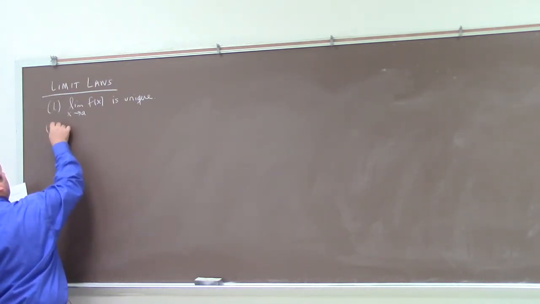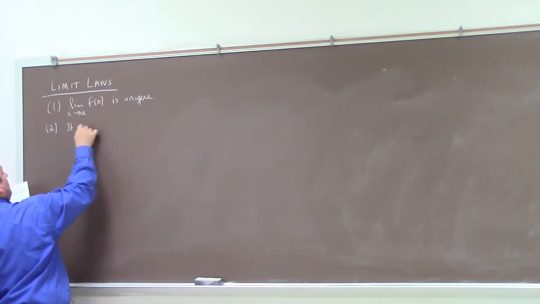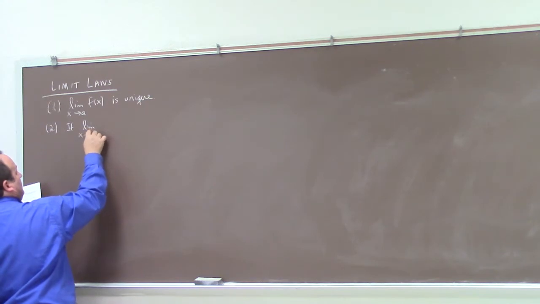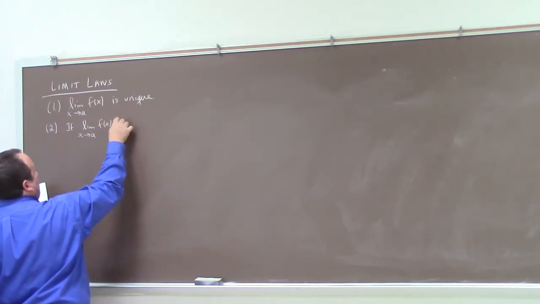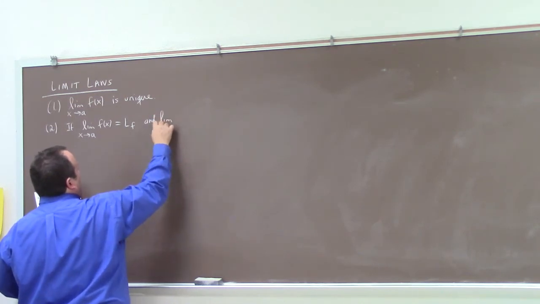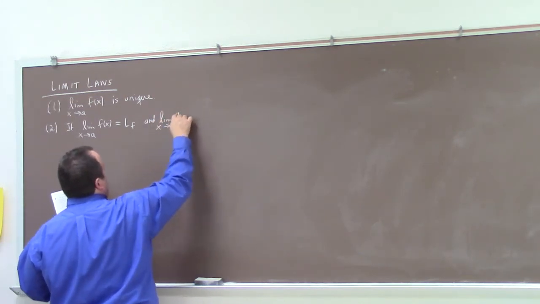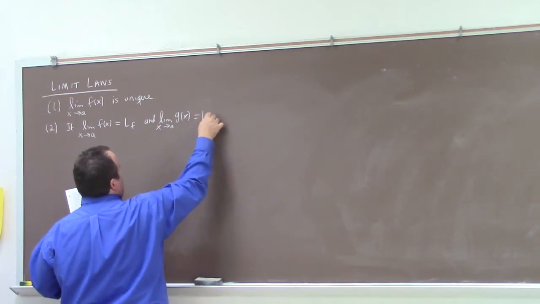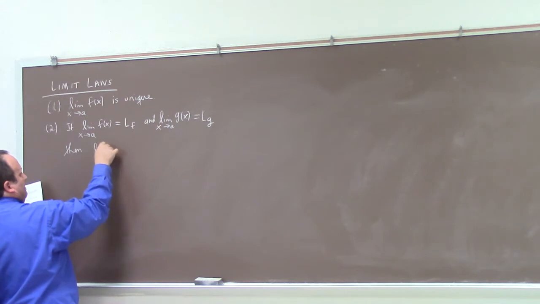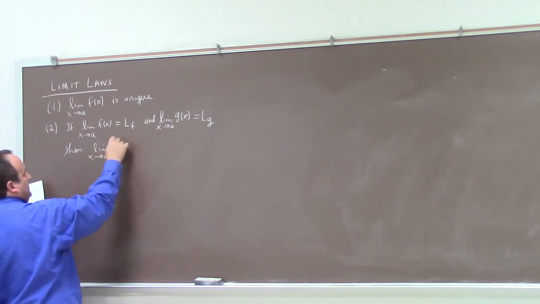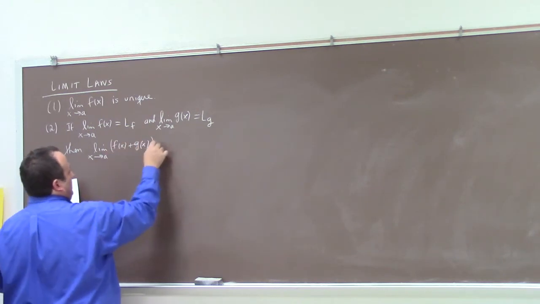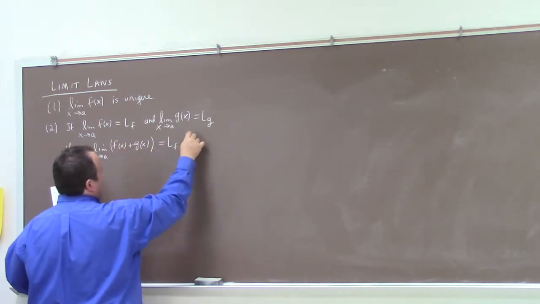Number two says that if the limit as x goes to a of f of x equals L sub f, and the limit as x goes to a of g of x is equal to L sub g, then the limit as x goes to a of f of x plus g of x is equal to L sub f plus L sub g.